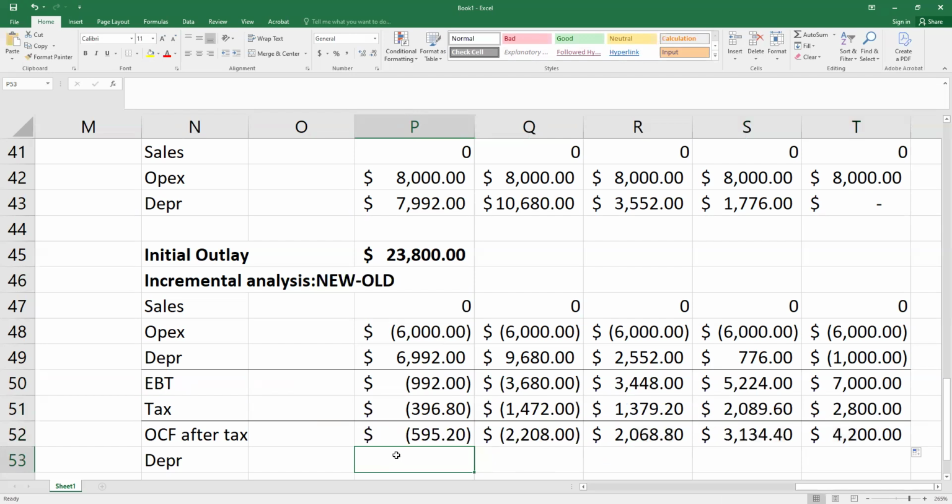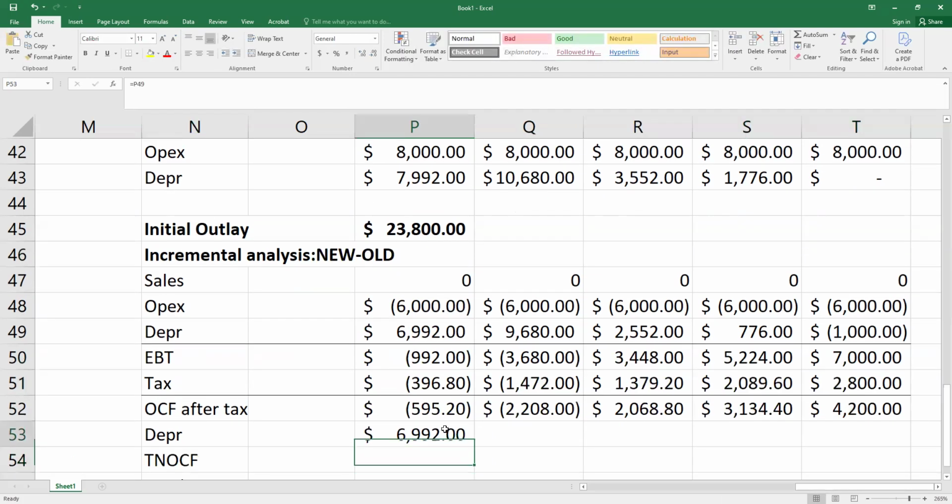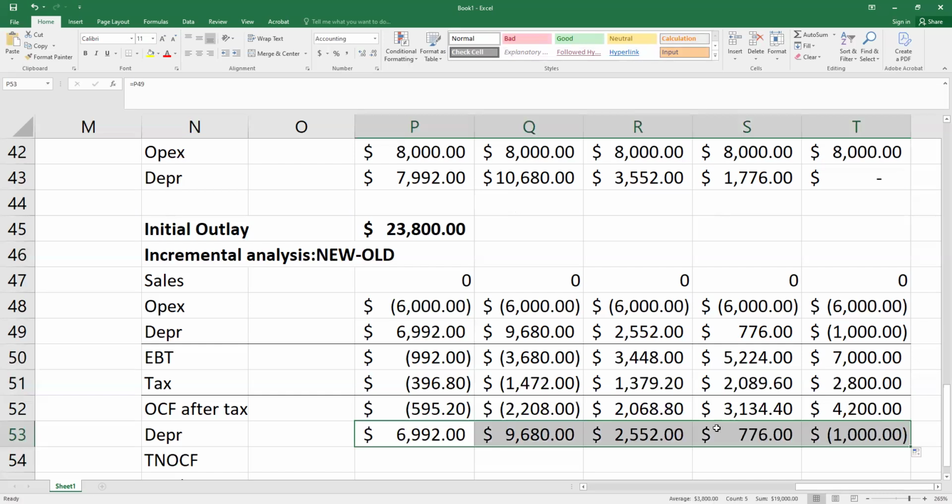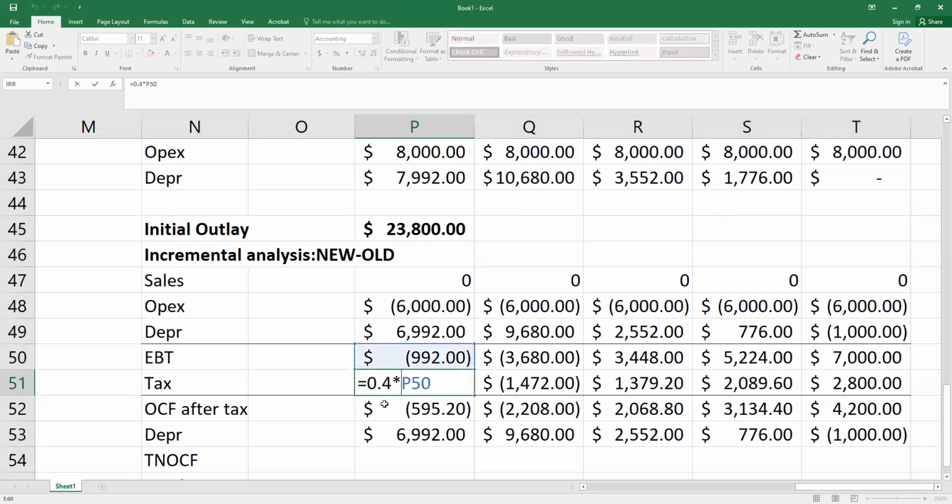And depreciation, we put the same. Very complicated, taxes. Tax is just 40% of the EBT. Just 40% multiplied by 992. If the earnings is negative, we still pay tax.